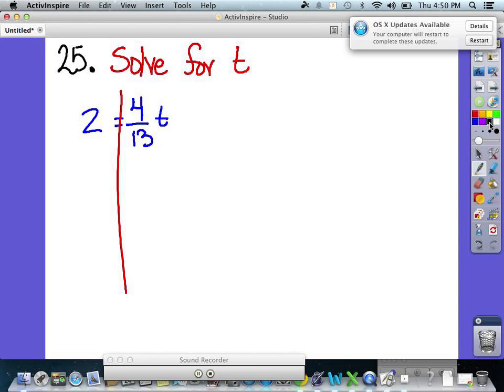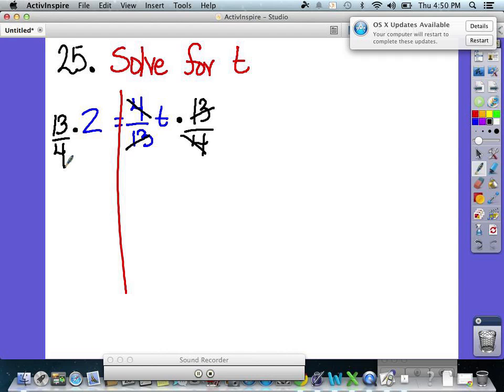When you divide by a fraction, you simply multiply by the reciprocal. So we're going to have 13 over 4, which is going to cancel this out here and there and here and there. And then we're going to multiply by 13 over 4 on this side.